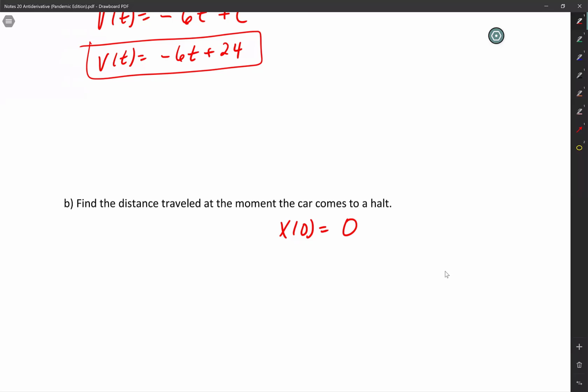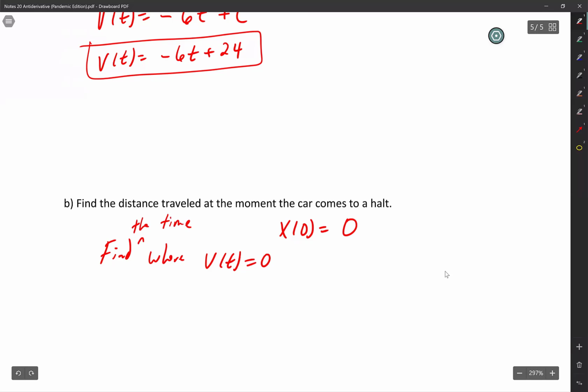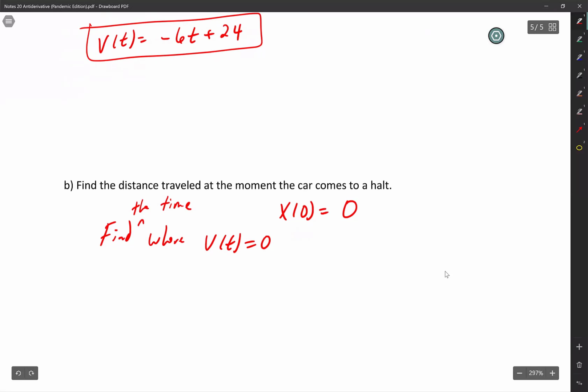What is my velocity when I come to a stop? 0. So before you do anything, find the time where v of t equals 0. So I come back to the negative 6t plus 24.